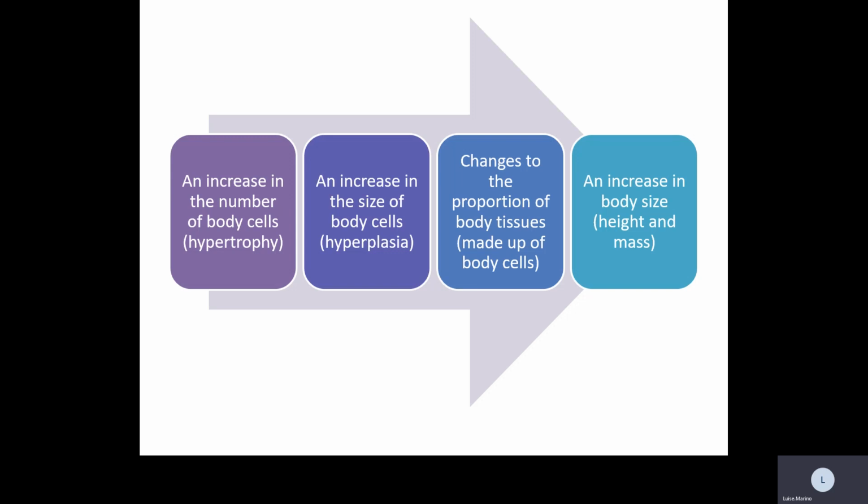So another common cause of hyperplasia is obviously cancer, where you've got aberrant cells that become rampant and grow abnormally. And then you've got changes in the proportion of body tissues that make up different body cells. And then obviously with children, you've got an increase in body size, height and mass. And in adults, you can also have an increase in body mass, but not body height.